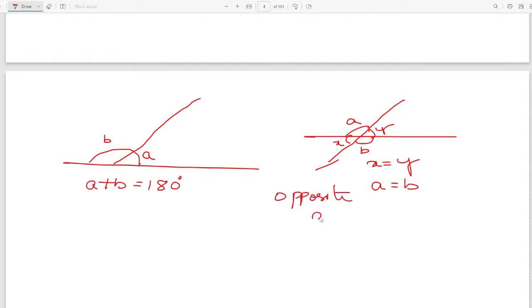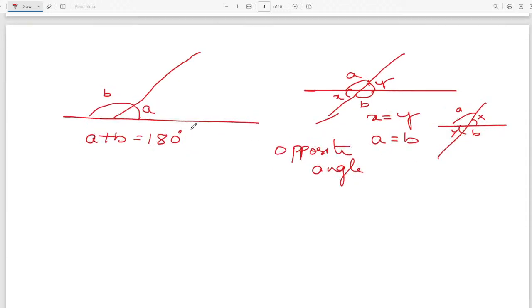Remember this, that if it is intersecting like this, this angle and this angle are equal. If this is X and this is Y, X is equal to Y.